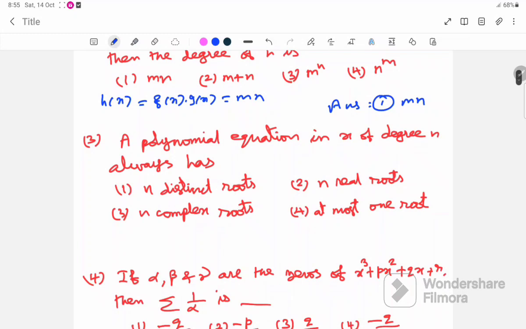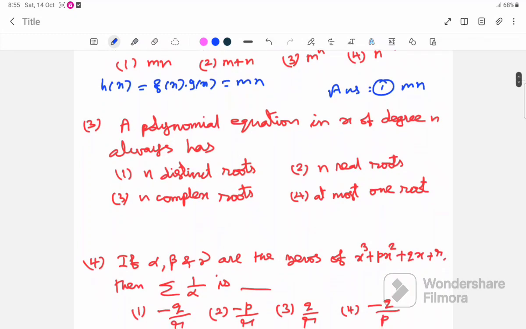Next, question number 3. A polynomial equation in x of degree n always has: n distinct roots, n real roots, n complex roots, at most one root. N distinct roots means, suppose b square minus 4ac equals 0, two roots will be the same. At that time, we cannot say that the equation will have distinct roots.